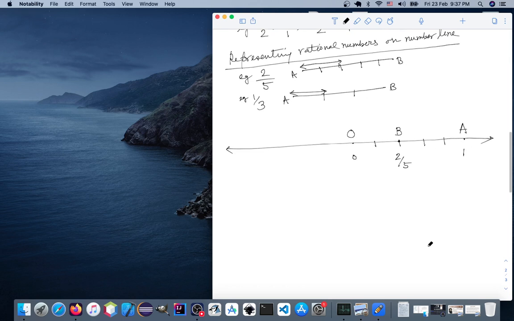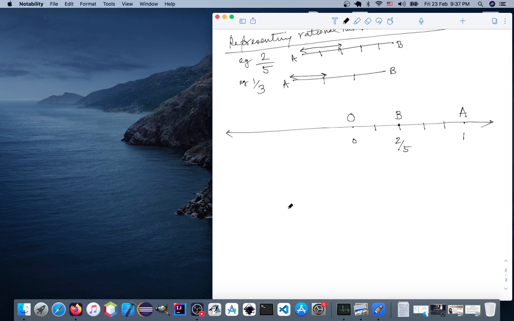Similarly, to represent 1 by 3, we draw the number line, we mark O, the origin, this is 0, and let's say this is A, unit distance from O, so label A will denote the value 1.